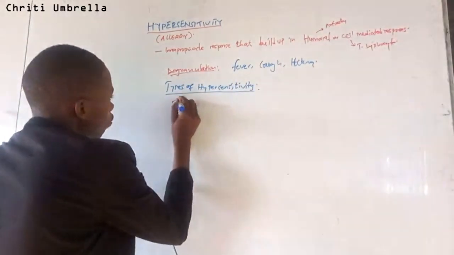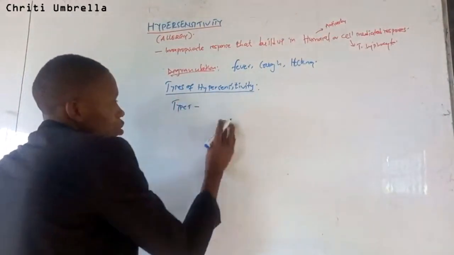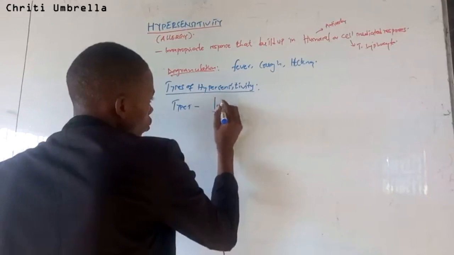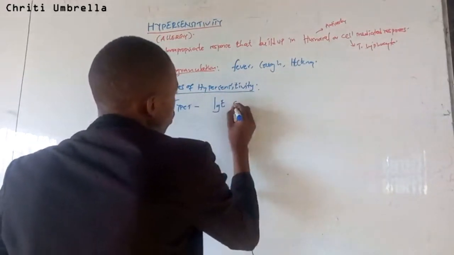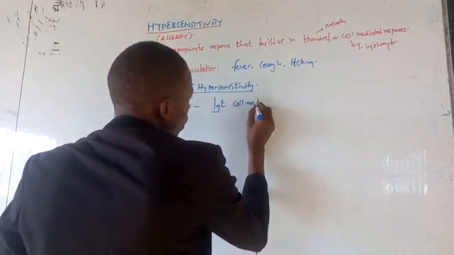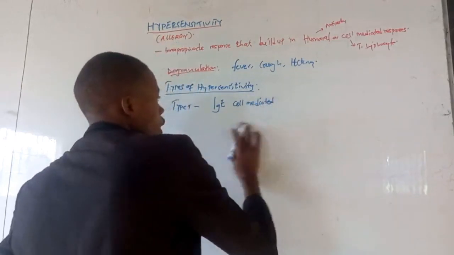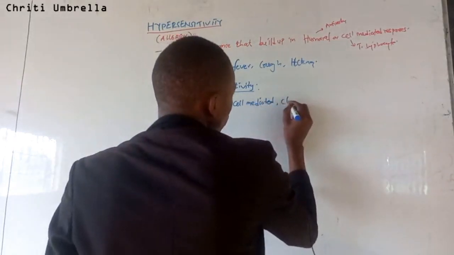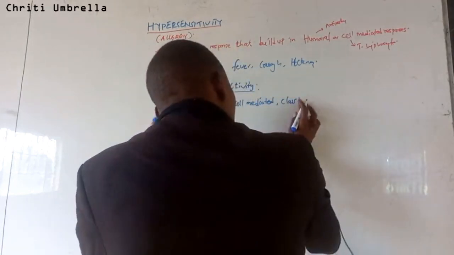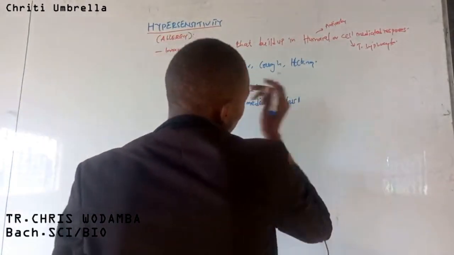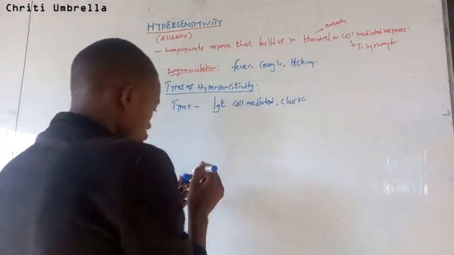Type 1 occurs in immunoglobulin E, which is cell-mediated, and we call it class 1, or rather classic.